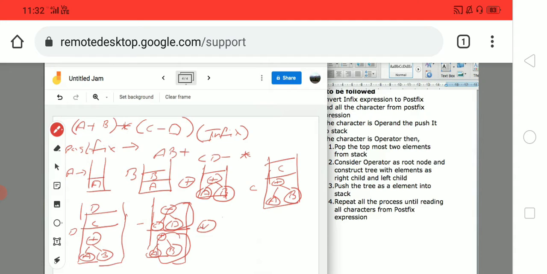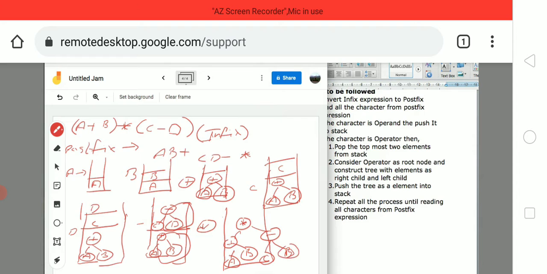Now we make this multiplication symbol the root node, this thing the left and this thing the right node, and we push it again. In this way the tree is constructed.